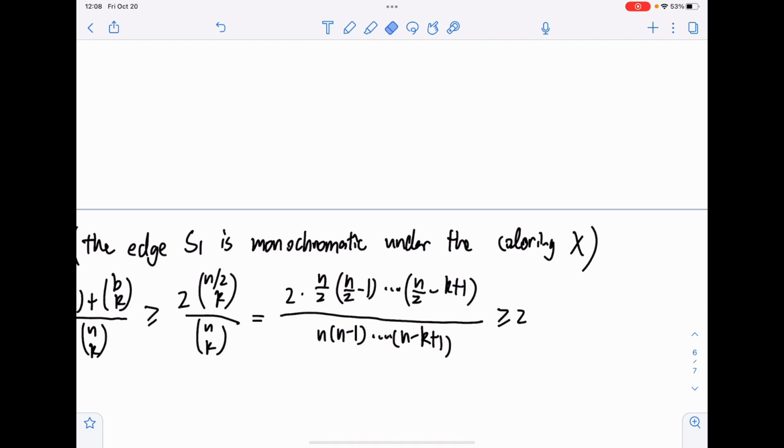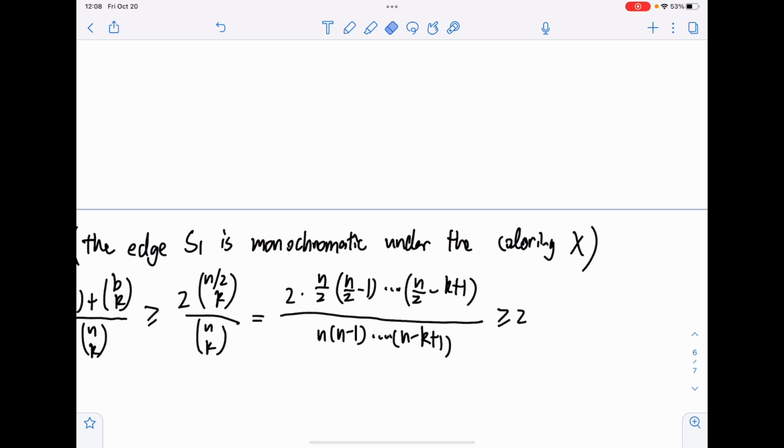And this one equals 2 to the power of minus k plus 1. Yeah, this step is deduced by pulling out all the factors here. And 2 to the power of minus k plus 1 times 1 minus k minus 1 over n minus k plus 1 to the power of k.